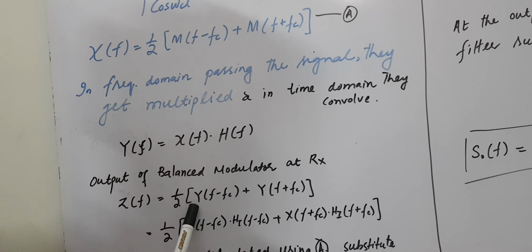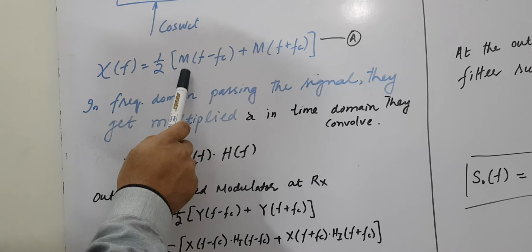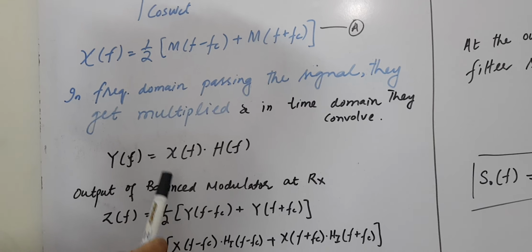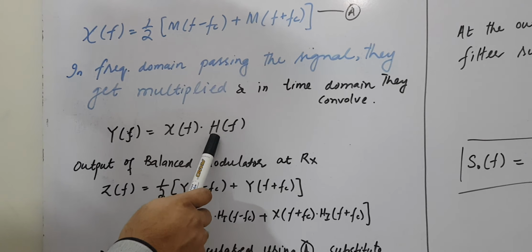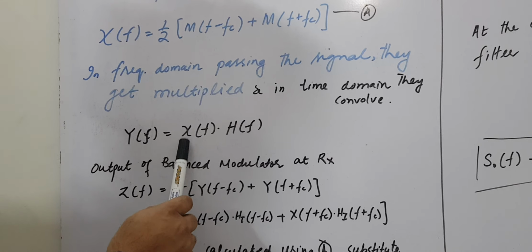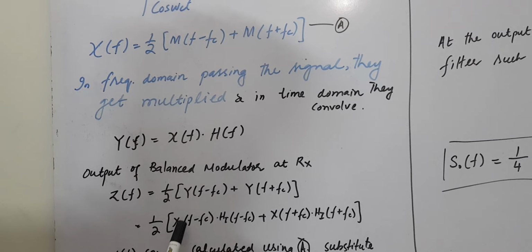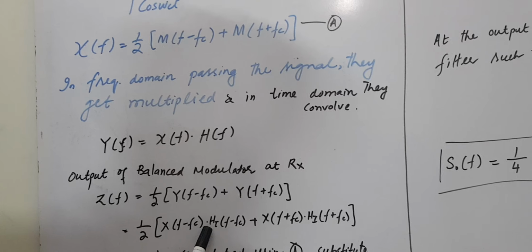From here you can see that Y of f is X of f multiplied by H of f. So X of f becomes X of f minus fc multiplied by H of f minus fc.